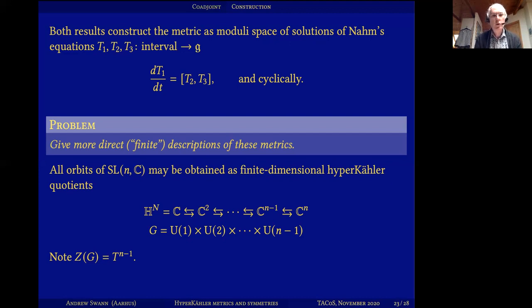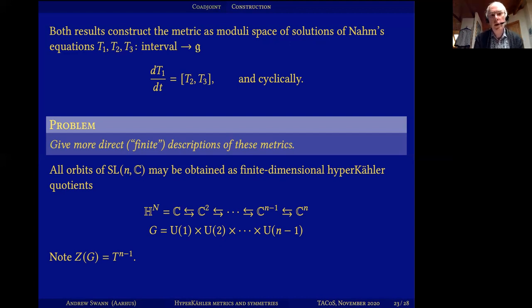Essentially there are n-1 constants you can add, one for each circle in the center. But they become complex constants, and that's actually enough freedom to give you all the orbits of SL_n C, or at least all the orbit closures.